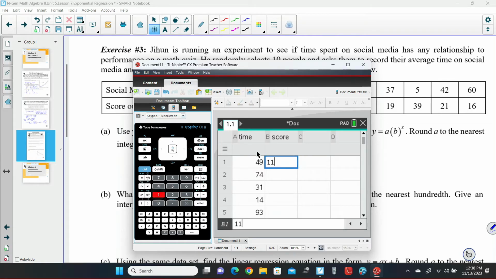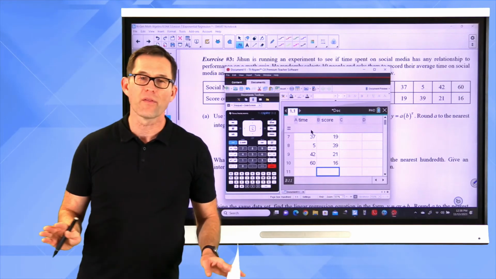Let's see, an 11, 13, 27, 28. Those people are probably cheating off each other. 9, 4, 19, just kidding. 39, 21, and 16. Okay. Feeling pretty good about that. I think I got all the data correct.